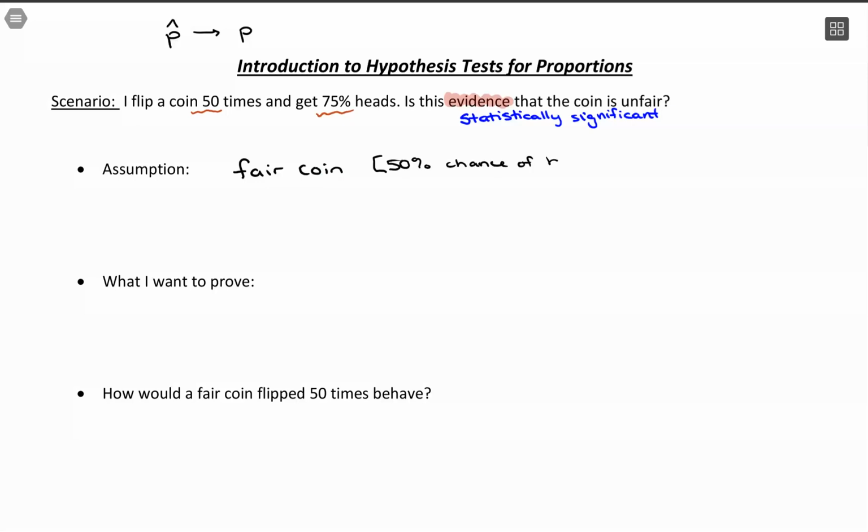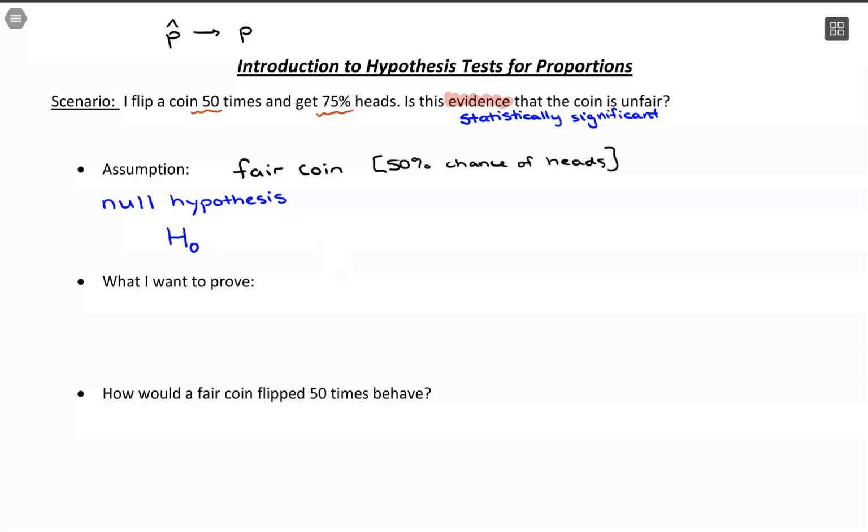This assumption that we're stating is called our null hypothesis. It's what we assume is true for the population, or it operates under the idea that nothing has changed. When I grab a coin, it has this 50% chance. For notation, we denote the null hypothesis with a capital H with a subscript of 0.